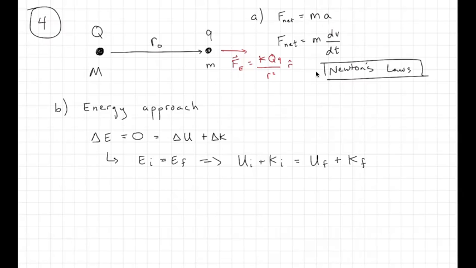So these only depend on position. They don't depend on time at all. They also depend on the charge of little q and the charge of big Q, but we'll leave it there for now.